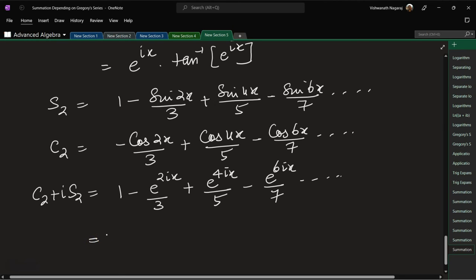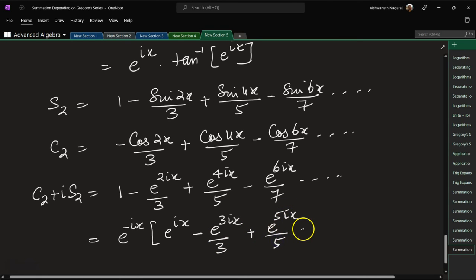Now what do we do? Again, the Gregory series needs the first term to be e to the power of an angle. So let's take e to the power of minus ix out. To make it 1, we have to have e to the power of ix minus, now what will happen? e to the power of 3ix by 3, 3 minus 1, so it will become 2, by 3 plus e to the power of 5ix by 5 minus e to the power of 7ix by 7 and on and on.